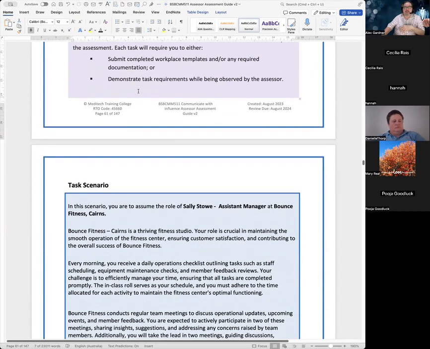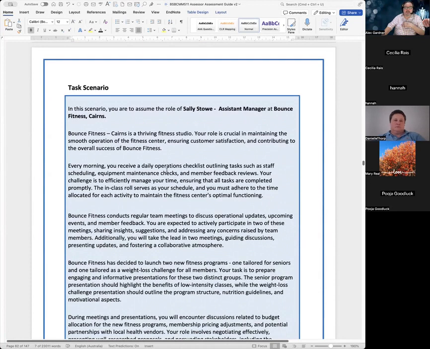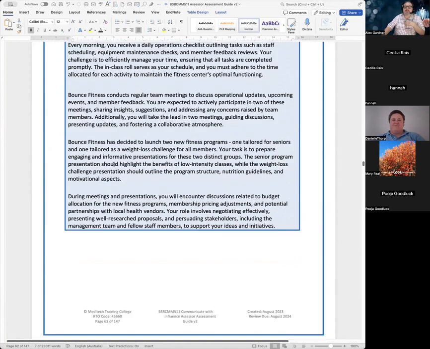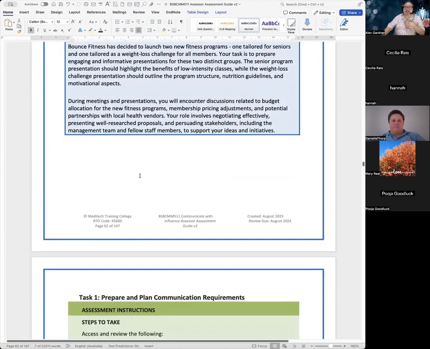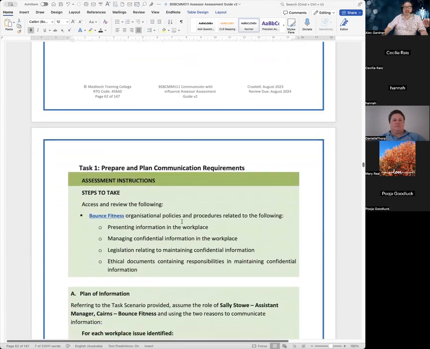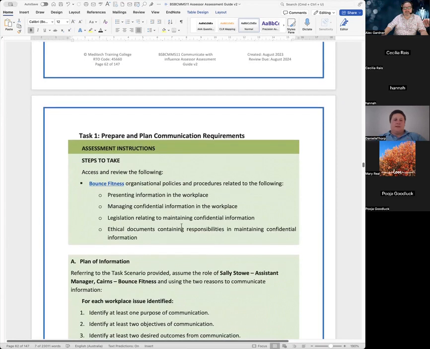Now, you don't want me to talk through the scenario, do you? I can talk through the scenario if you want me to. No, I guess we know what we need to do with it. Yeah. Because it gives you the story, but that's not what the assessment is asking for. Exactly. So let's get down to what the actual assessment is.